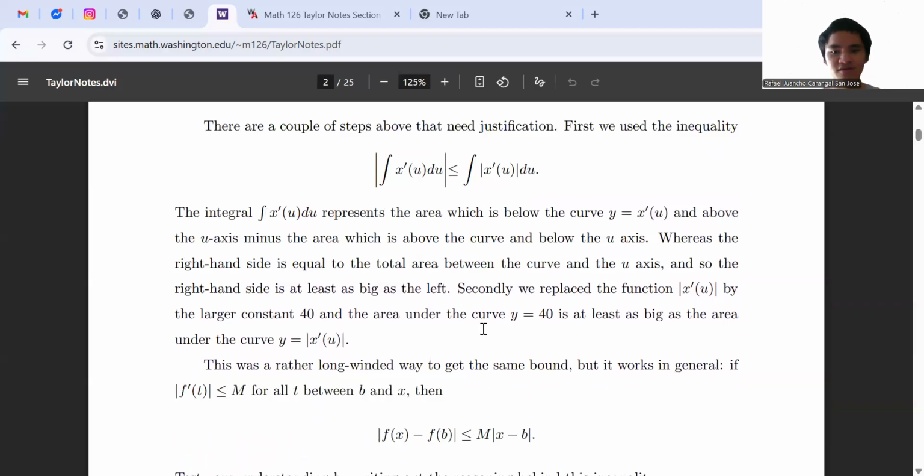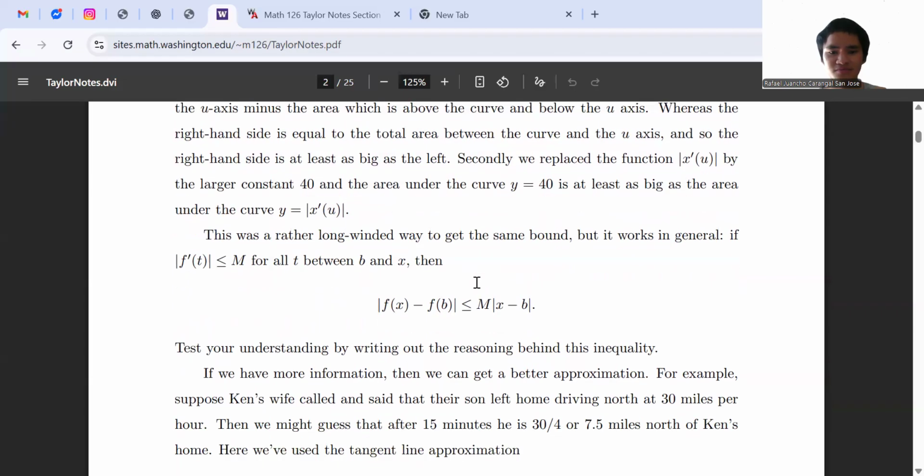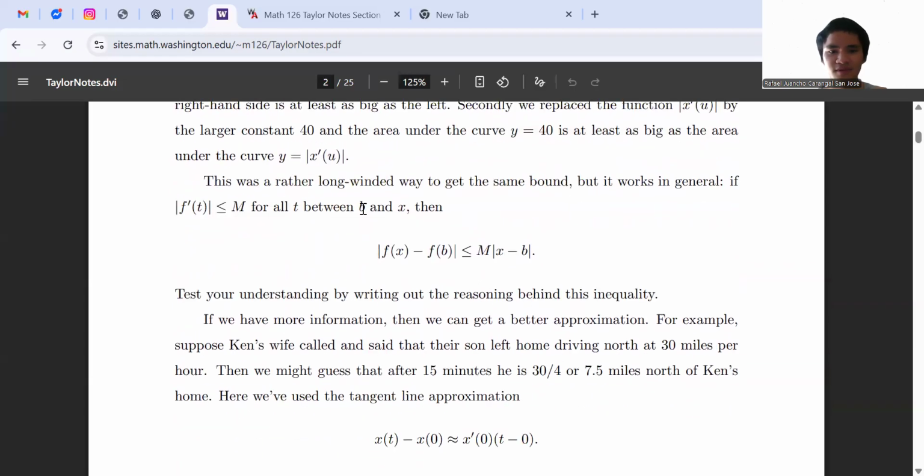And the area under the curve y equals 40 is at least as big as the area under the curve y equals that absolute value. And this was a rather long-winded way to get the same bound, but it works in general if the absolute value of f prime of t is less than or equal to some m for all t between b and x, then we have this.